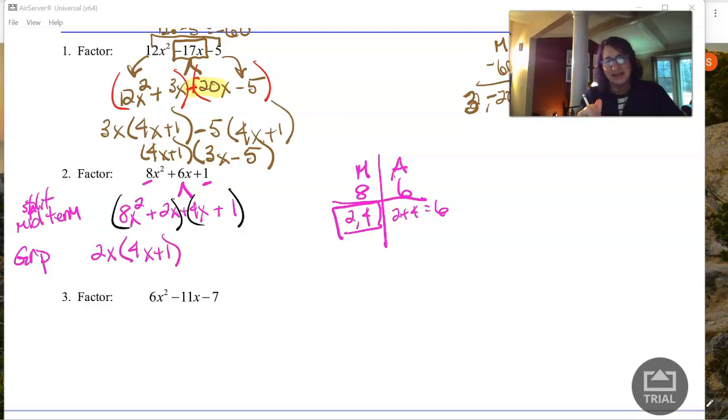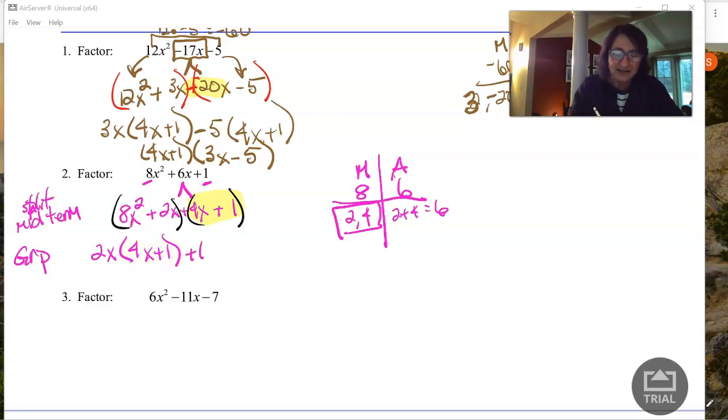Now this is interesting. I've got a 4x plus 1 and a 4x plus 1 up there, but I have to factor something. But I don't want that second binomial to change. It's exactly how I want it. So I'm actually going to take out a 1.